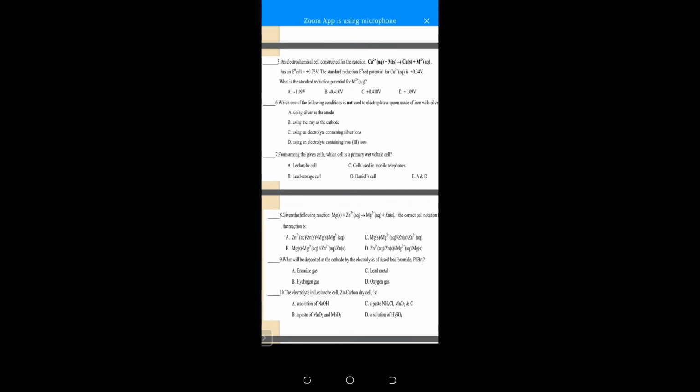Which one of the following conditions is not used to electroplate a spoon made of iron with silver? Here, I hope you remember a very important point in electroplating. Electroplating ላይ ማስታወስ ያለባችሁ ፖይንቶች አሉ, 3 important points. One is what?